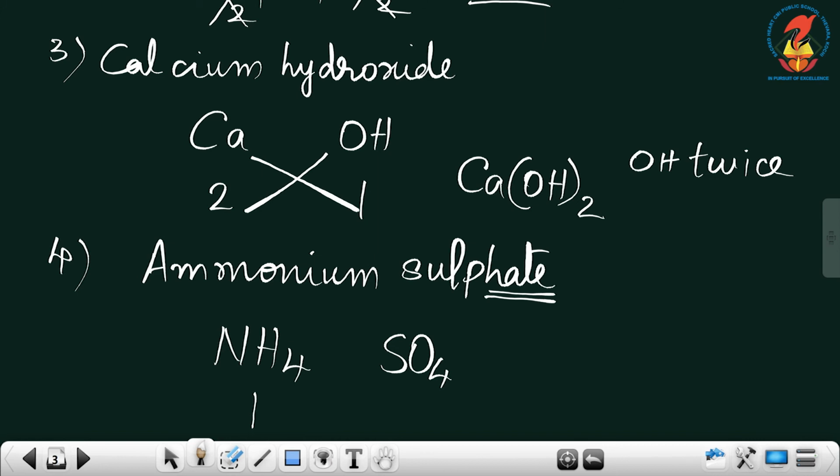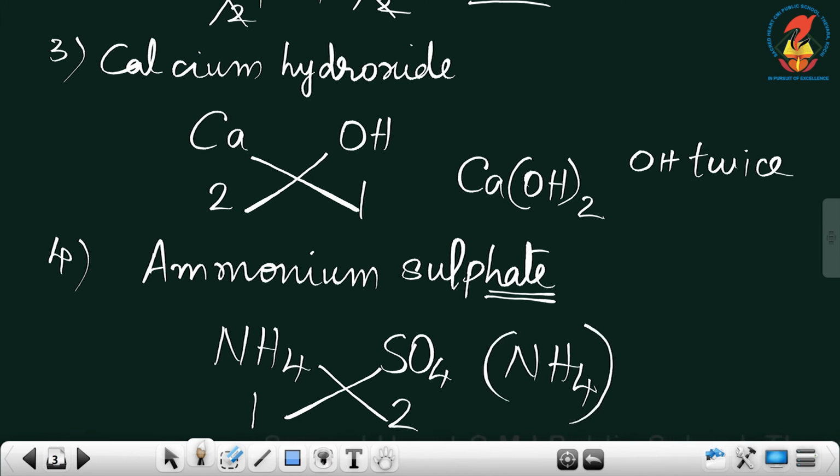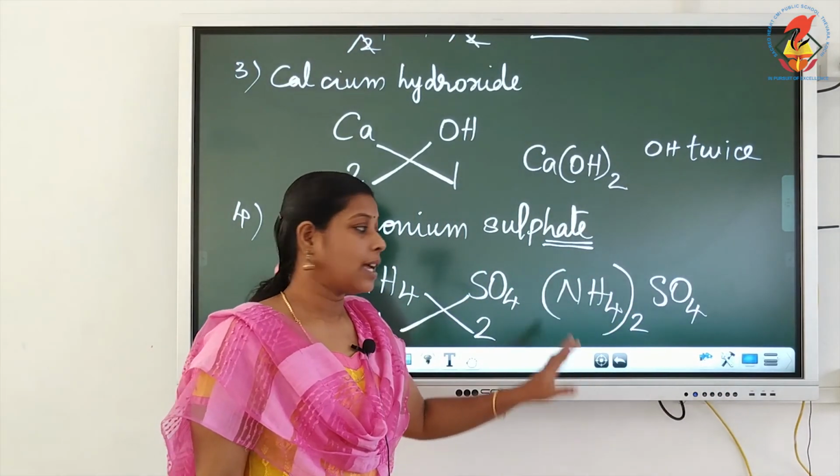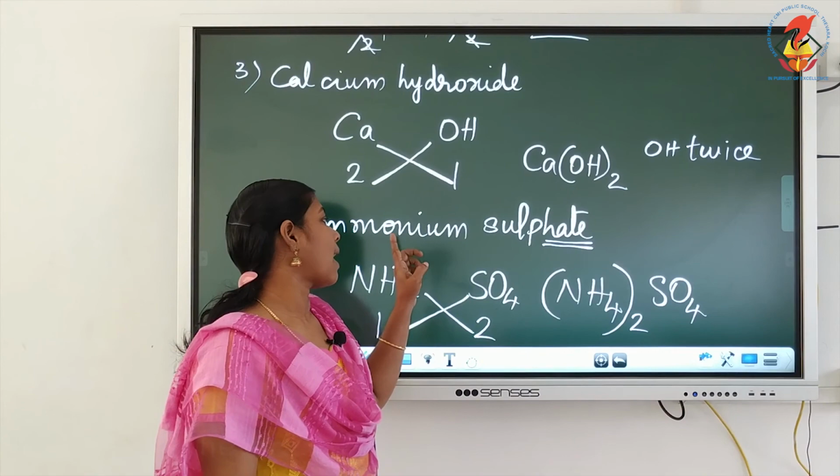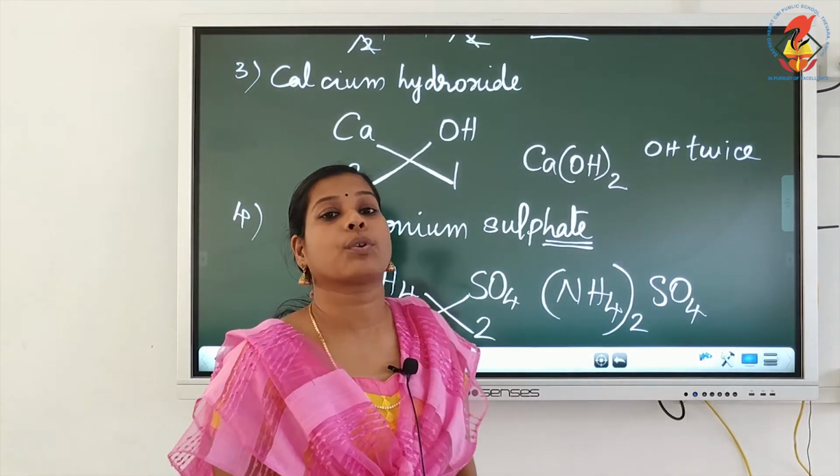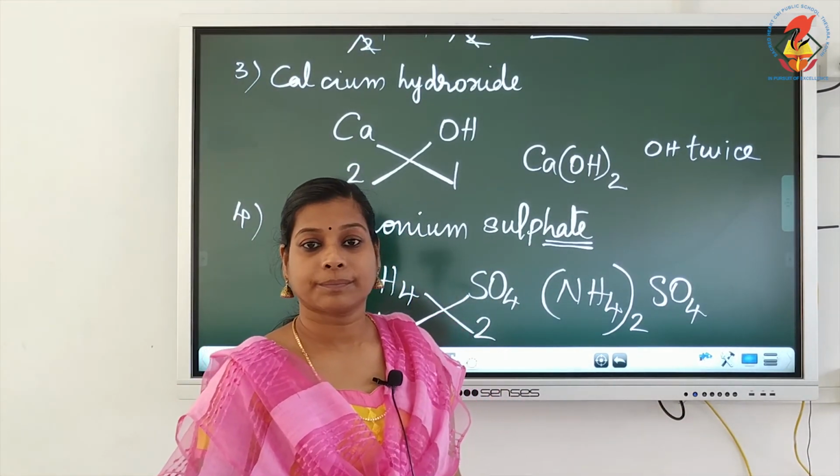Sulfate is SO4 and its valency is 2. And there is no common factor. So crossing over, that 2 will come for NH4. So what do we have to do? NH4 should be written in a bracket and 2 should be outside. So (NH4) twice SO4. SO4 is only 1, so no need of putting it in a bracket. So the formula for ammonium sulfate is (NH4)2SO4.